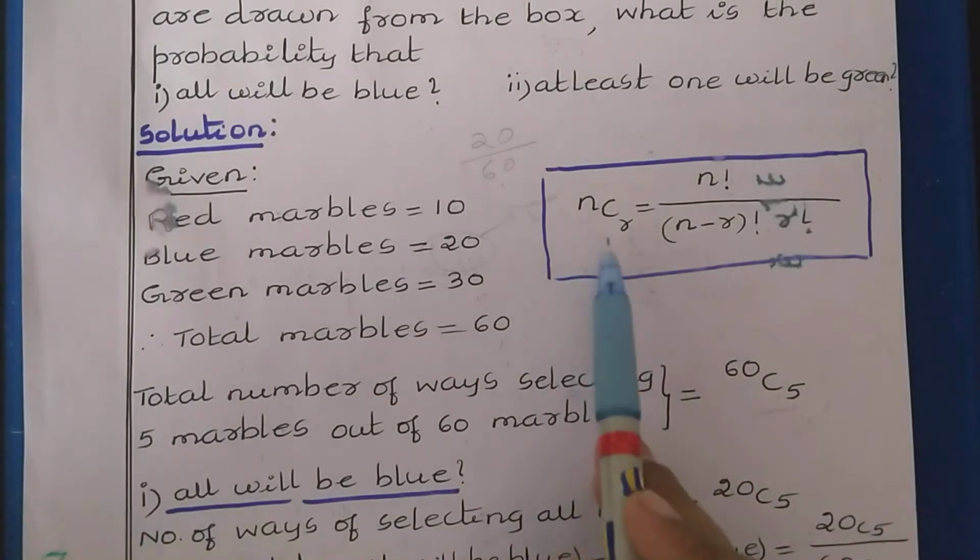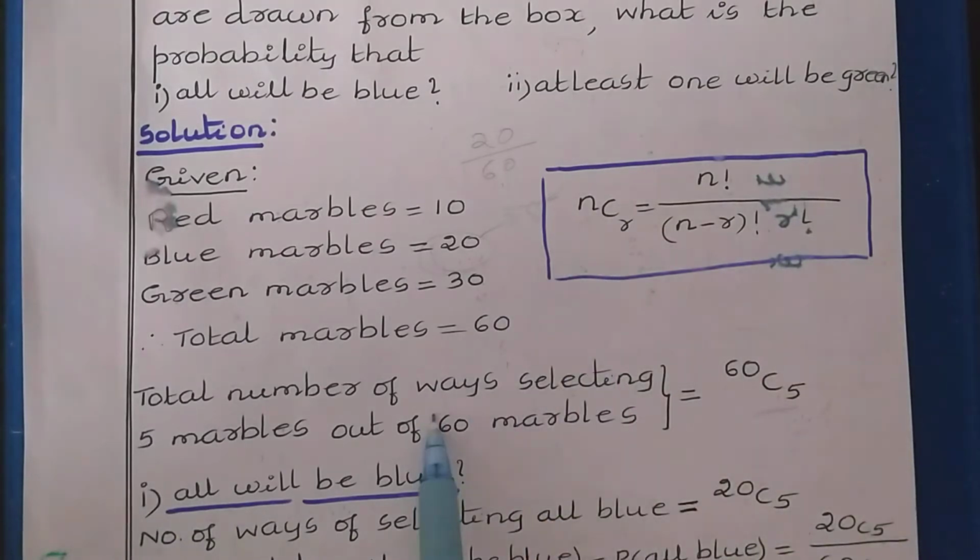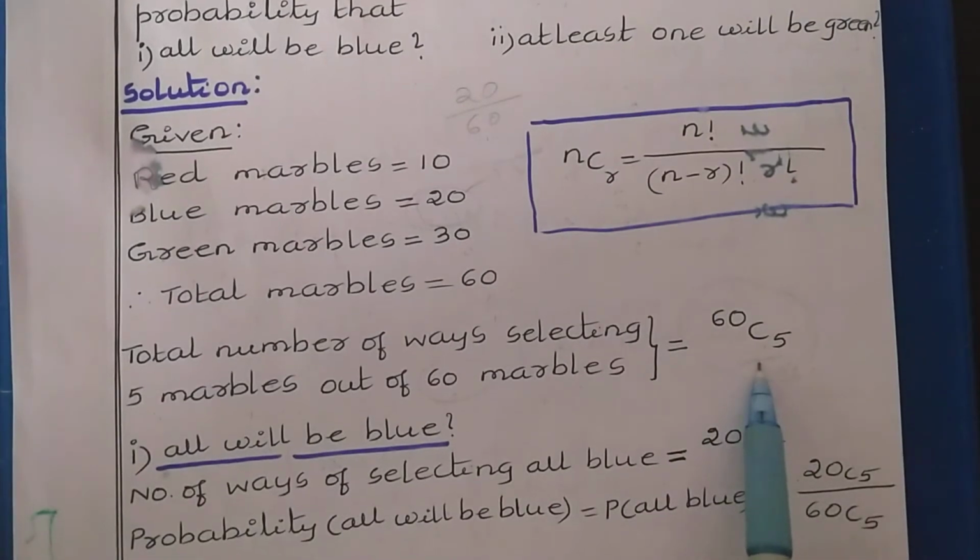Like in this case, selecting r items from n items. So selecting 5 marbles out of 60 marbles is 60C5. Now this forms the total possible outcomes of the experiment.